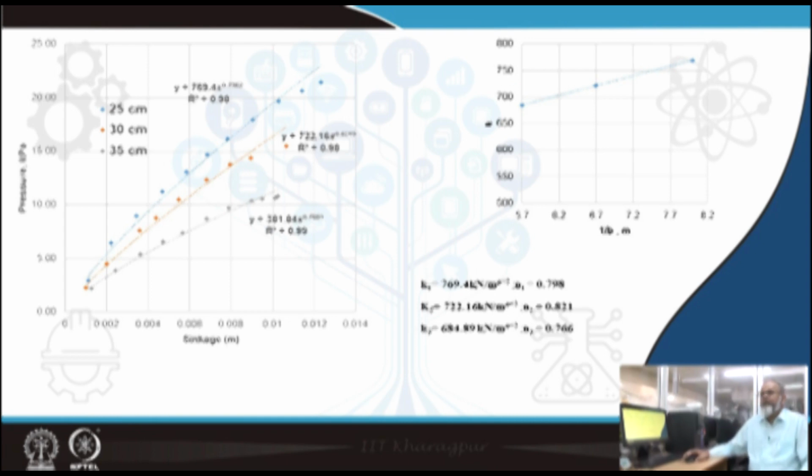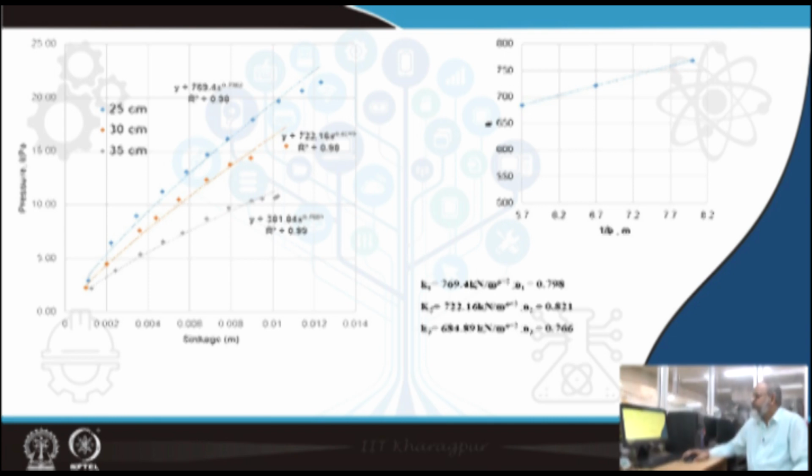So Bekker has suggested, because the equation which is given, that P is equal to k z to the power n, has been proposed by Bekker, that if you are getting different slopes, then the best way is to take the average, which will represent the average exponent of sinkage of that soil. So we found out the slopes N1, N2 and N3.